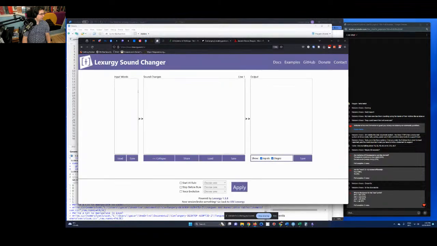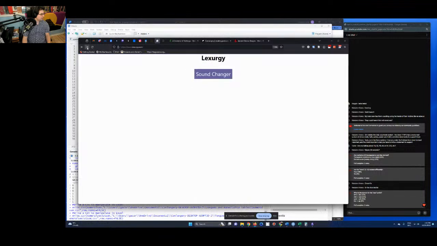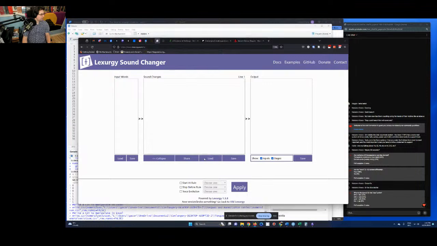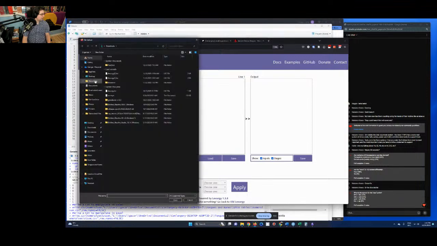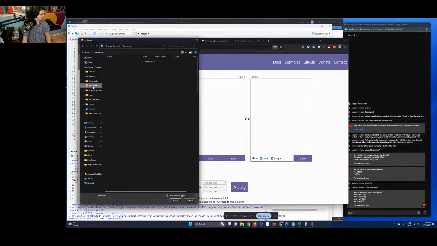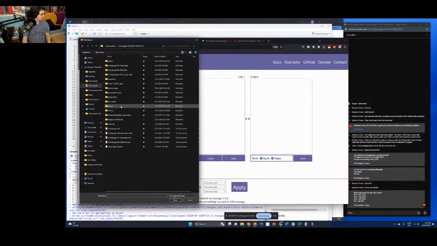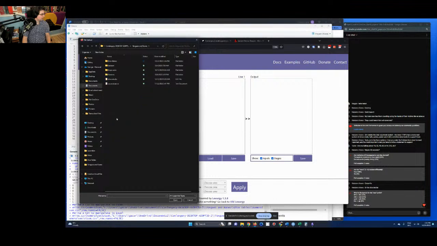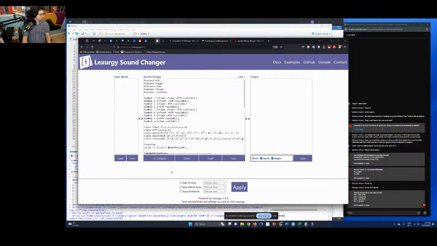No, it doesn't remember that. So I'm going to have to get these in here, remove that part.